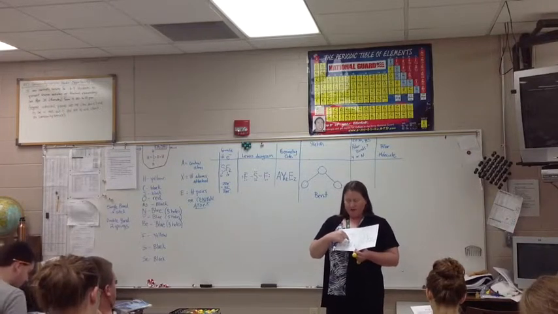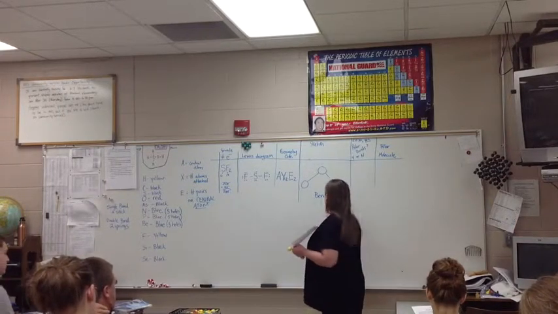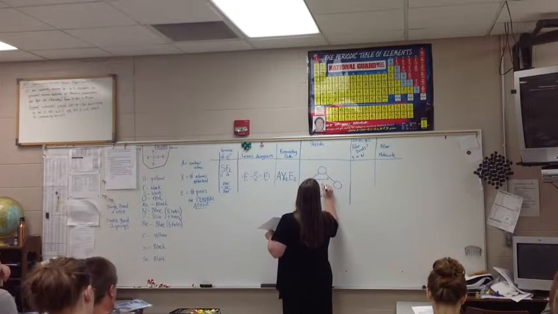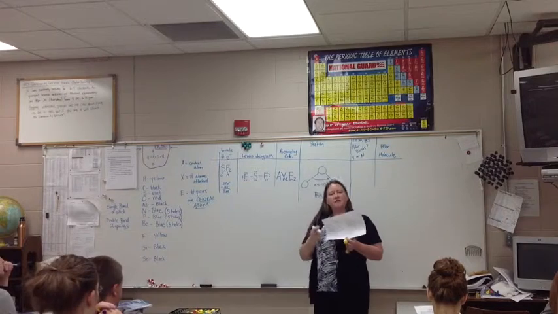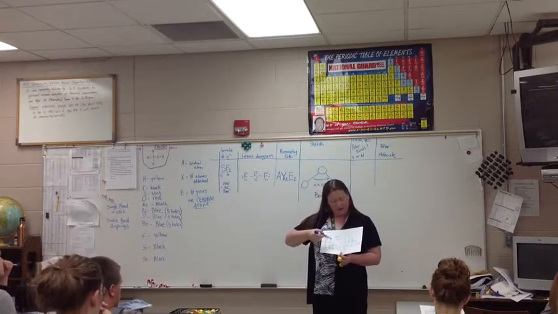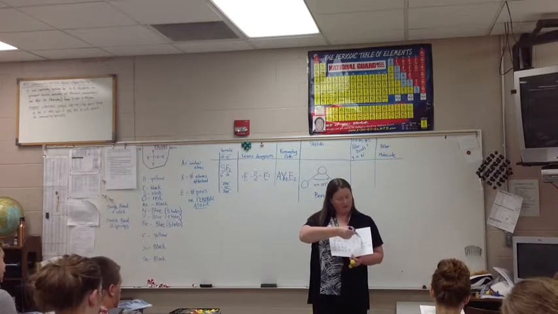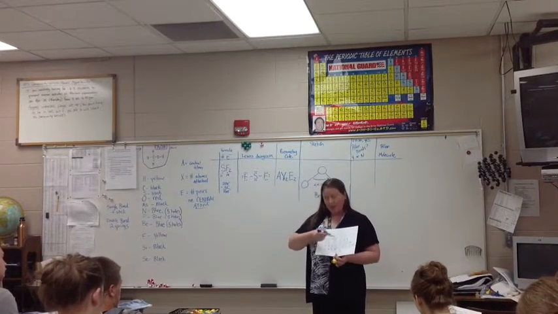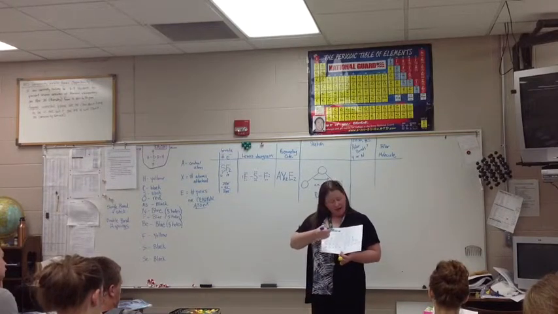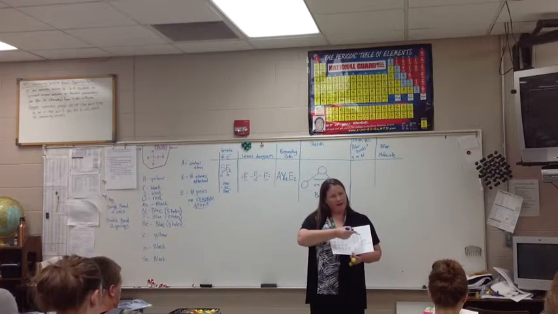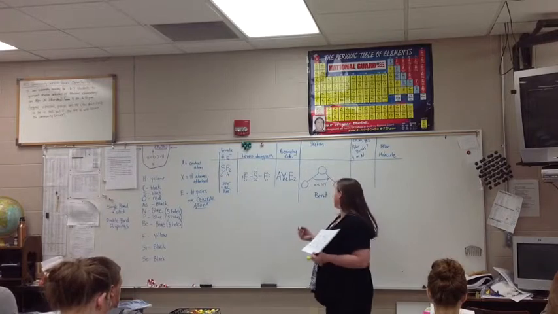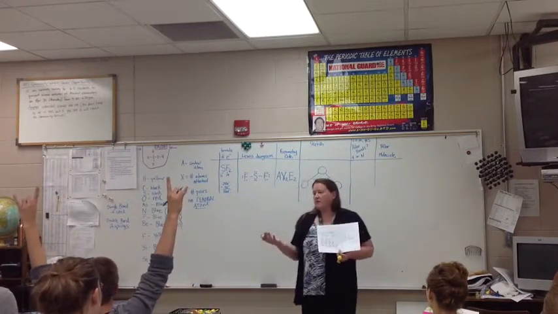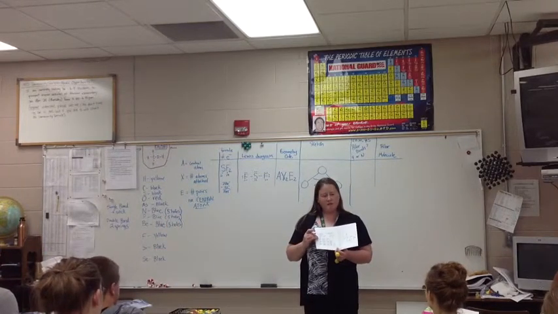If we have 2 lone pairs, it's less than 109. The good news is, you do not have to remember that, because if you look at this diagram right over here, it has it on there. I like this one for the pictures better. I like this one because it includes all of the bond angles. You have that as a resource. Yes, you may use this on the test, of course. I don't have them memorized.